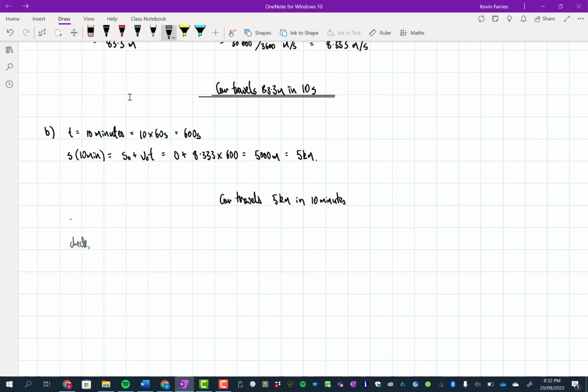Check: 10 minutes is equal to 10 over 60 hours, since there's 60 minutes in an hour, which equals 1/6 of an hour. And it's going at 30 kilometers every hour. And so that is going to be equal to 1 divided by 6 times 30, which is 5 kilometers. So we get the same answer.